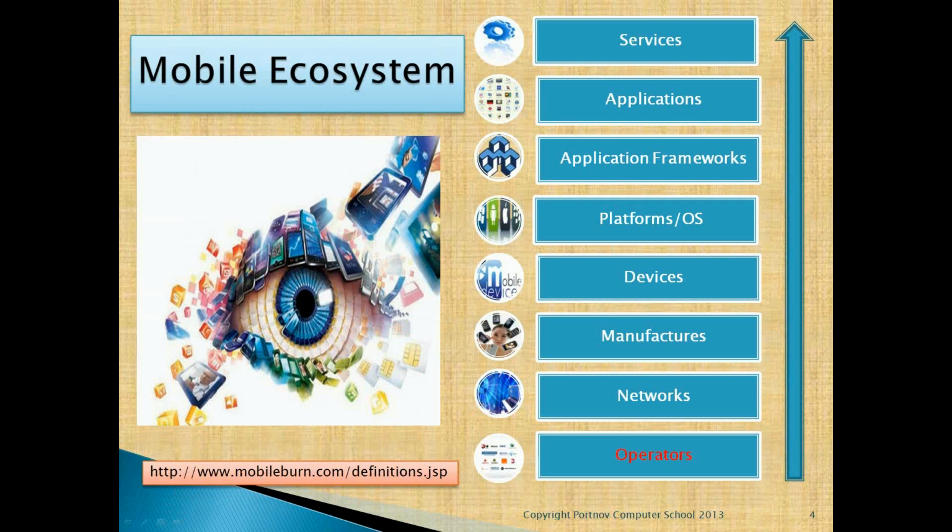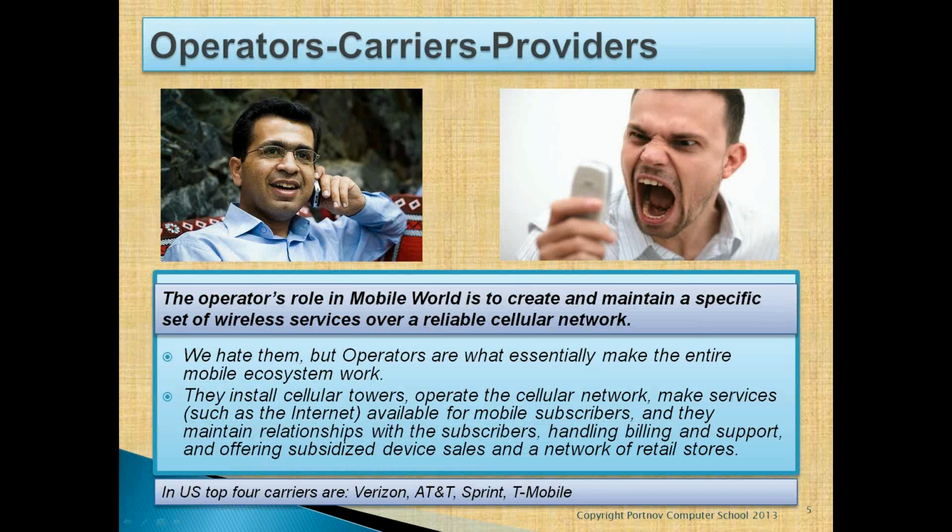All right, let's start. Just to get a conceptual vision of how it works, we need to talk about the mobile ecosystem. I divided it into simple layers, and we will talk about each layer, and I will also tell you why each layer is related to mobile testing and why it's important. So who are operators, carriers, and providers? Actually, we hate these guys, but they play an essential, fundamental role in mobile testing.